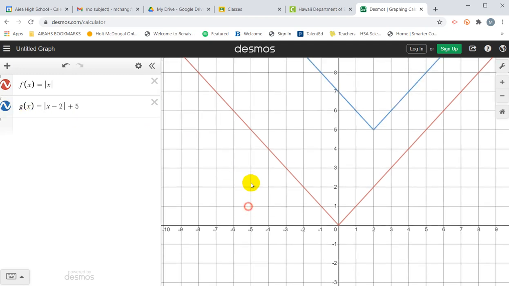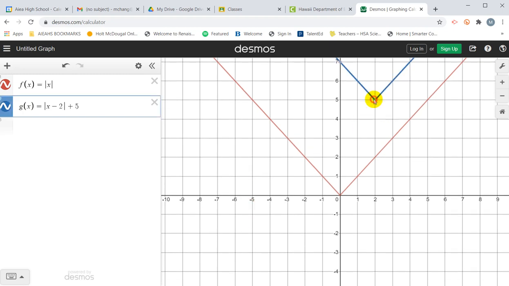Okay, so if I subtract 2 here, what we see is if I compare each of these vertices, if we compare the blue graph to the red graph, basically what's happening is the blue graph is shifted 2 units to the right and 5 units up. Okay, so that's generally how the absolute value graph is shifted.